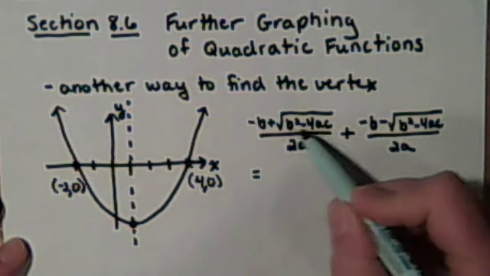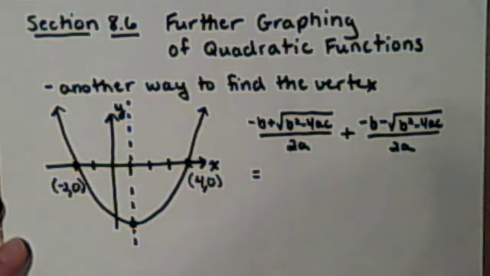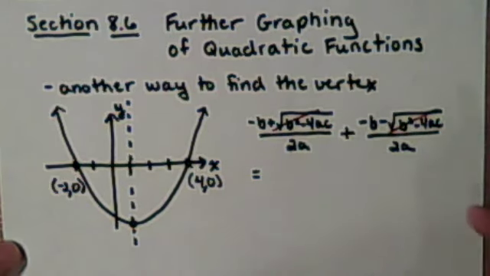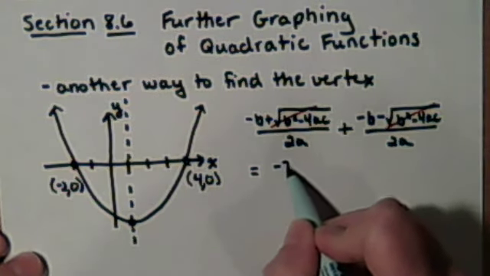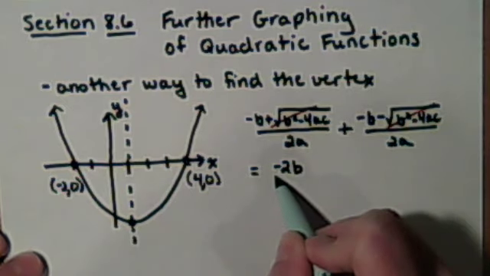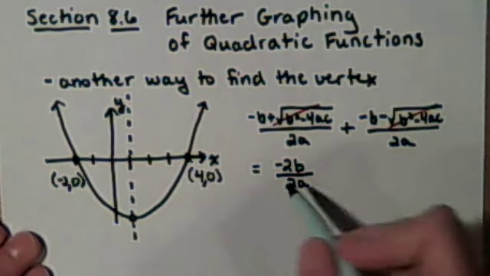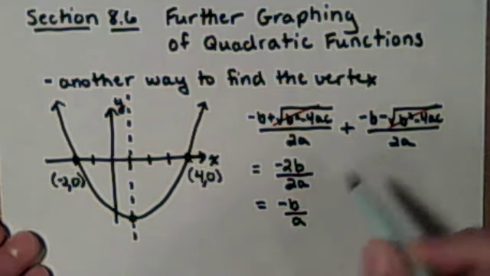Notice that I have a plus b squared minus 4ac under the radical and a minus b squared minus 4ac under the radical. So these actually cancel each other out. And what we're left with here then is the opposite of 2b over 2a. Well, that simplifies down to the opposite of b over a.